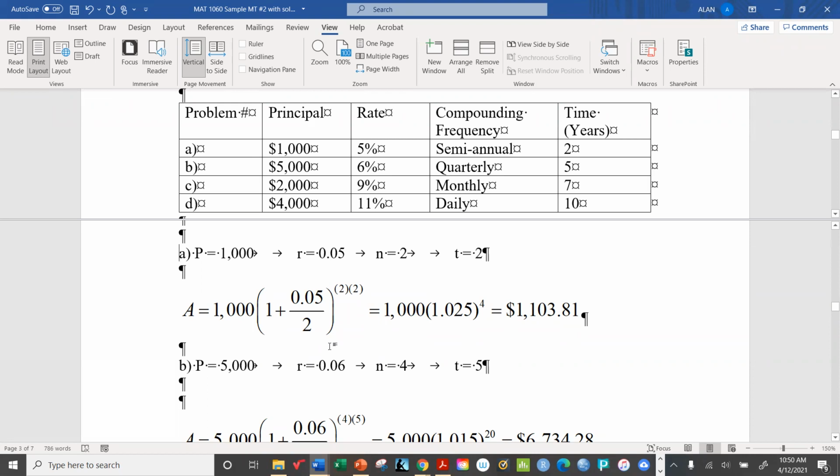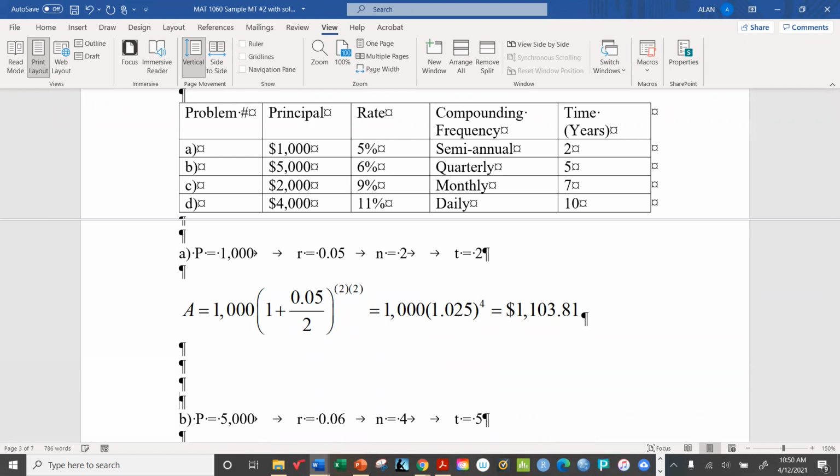Now, once you reach this point, you've got a couple of options with the calculator. One possibility is that you can compute 1.025 to the 4th first.